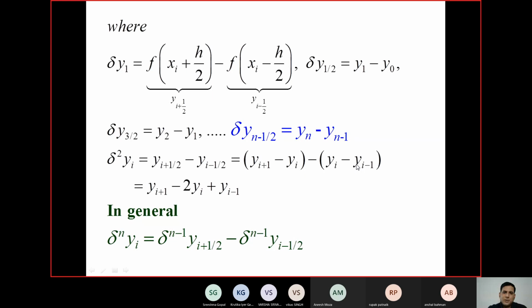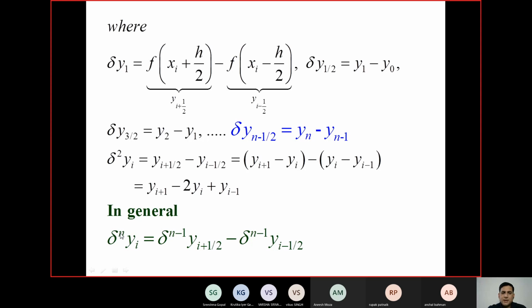So this is known as your central difference, second derivative. Practically you are calculating the second derivative here: y i plus 1 minus 2 y i plus y i minus 1. In a generalized way, this is your general formula to calculate the difference of any order, whether first order or second order.